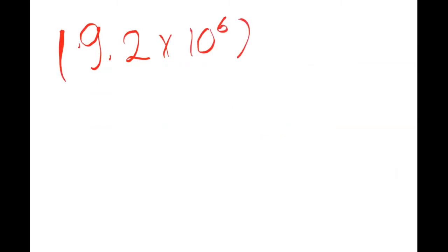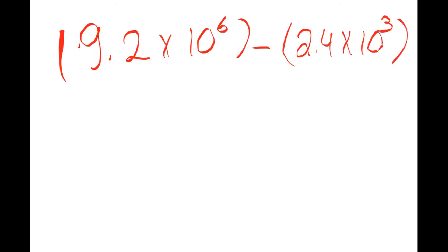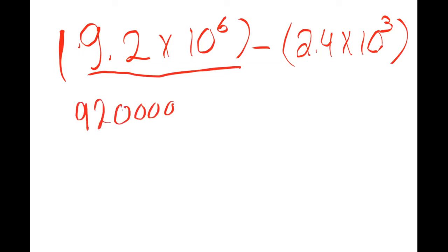Okay, let's do one on subtraction. If we have 9.2 times 10 power of 6, subtract 2.4 times 10 power of 3. How can we get the answer? Write it in ordinary form. So it will be 9, 2, and 5 zeros, minus 2, 4, and 2 zeros.